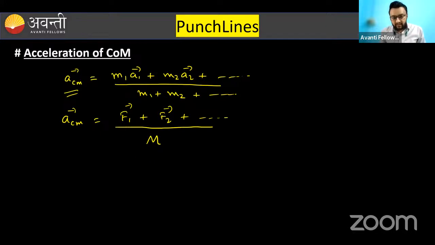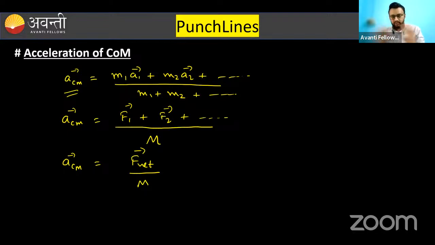So if I add forces on every particle, F1 plus F2 plus F3 and so on, it will become total force. So I am writing ACM is equal to F net divided by M. Everything sorted till now?